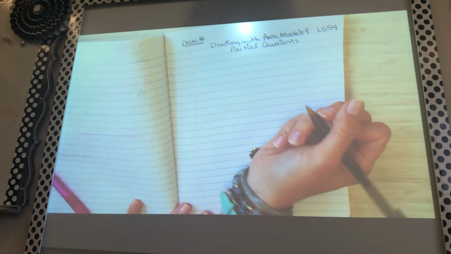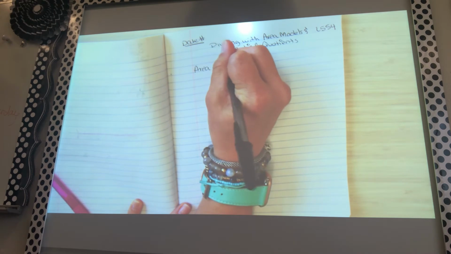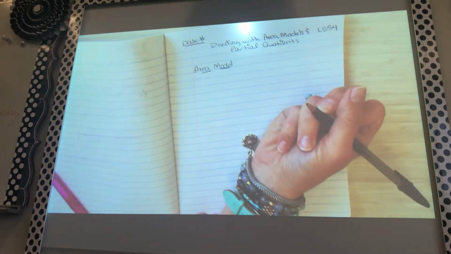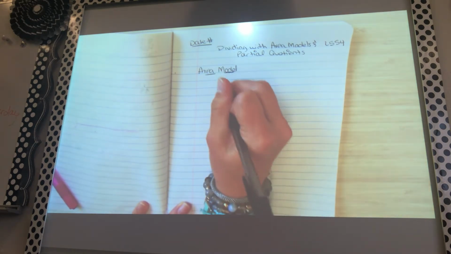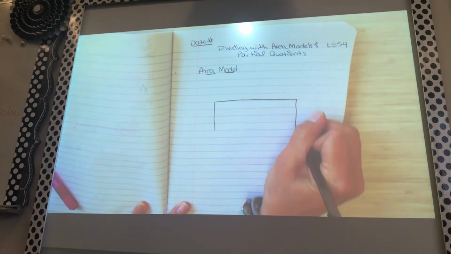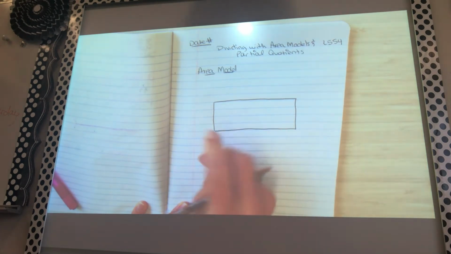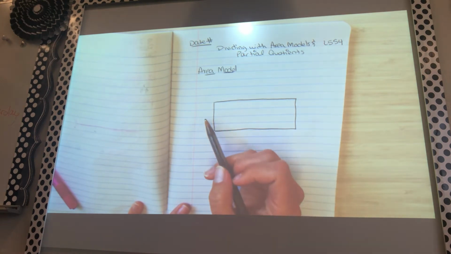So if I look at this, let's start with the area model. Now, the area model is just like the one with your multiplication area model, where the middle part represents your area, and the outer perimeter of the top and the bottom is going to represent your factors.